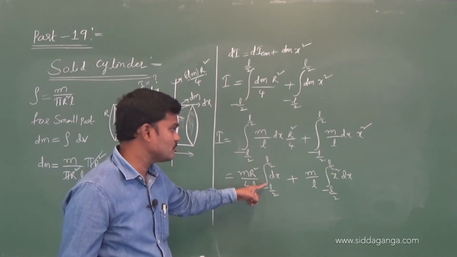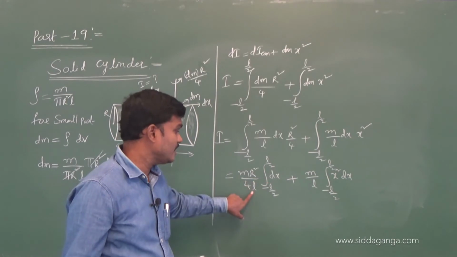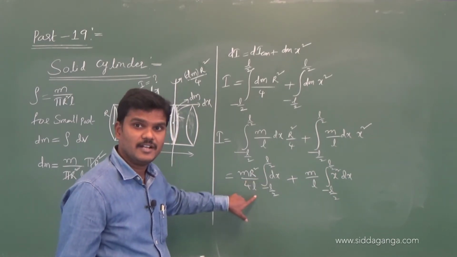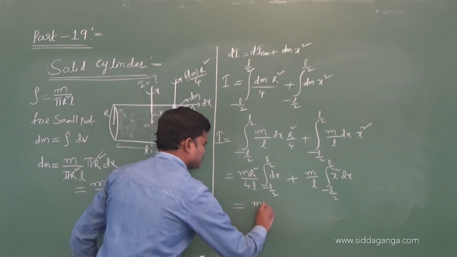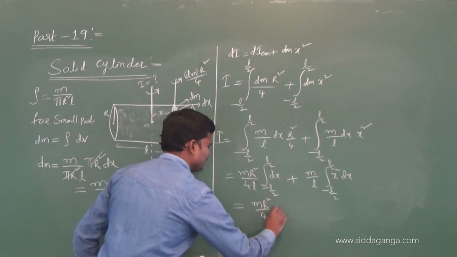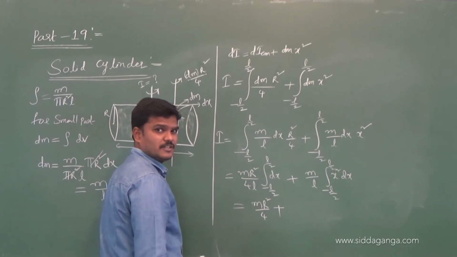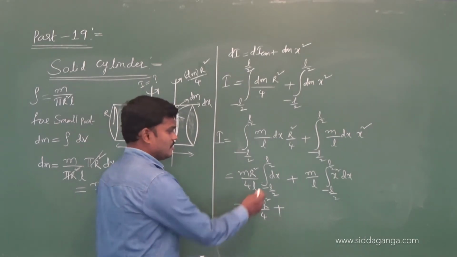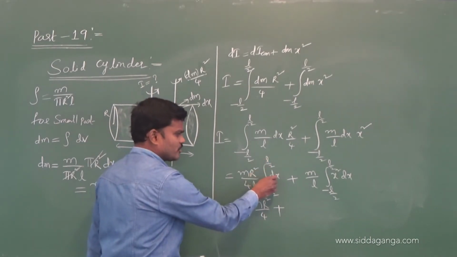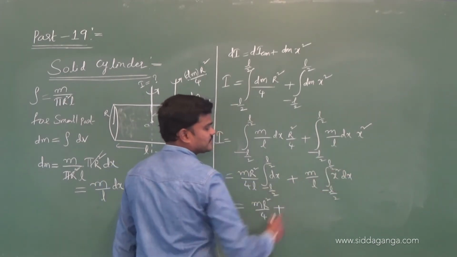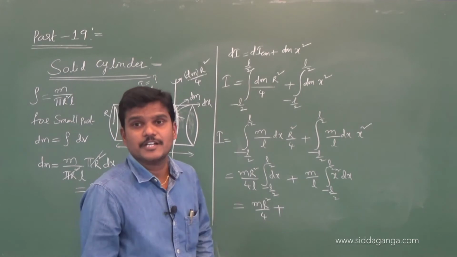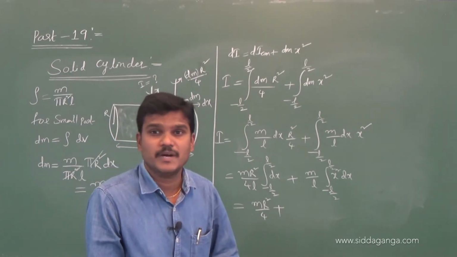So this L cancelled. What is remaining? M R square by 4. Got it? I missed only one step. Take this integration, this is equivalent to L. L cancelled. Coming to this, the integral of x square dx is x cube by 3.